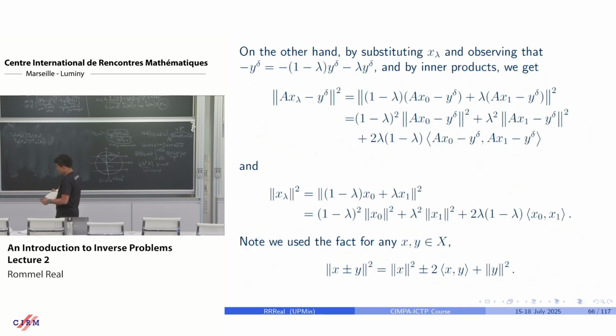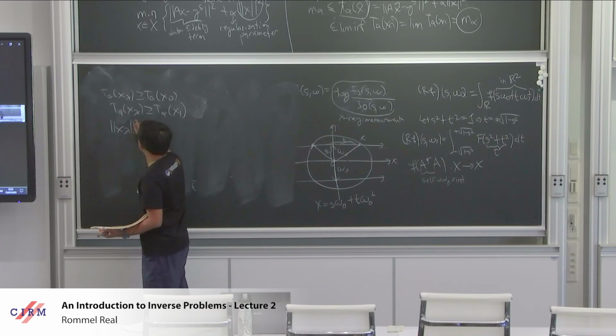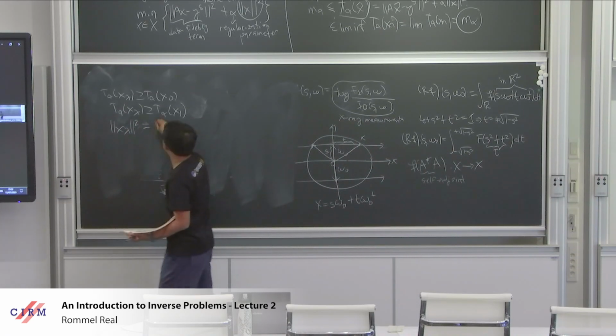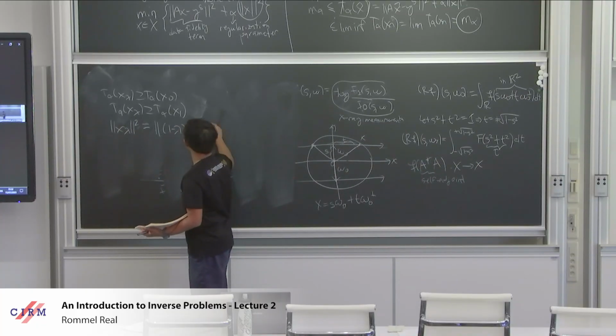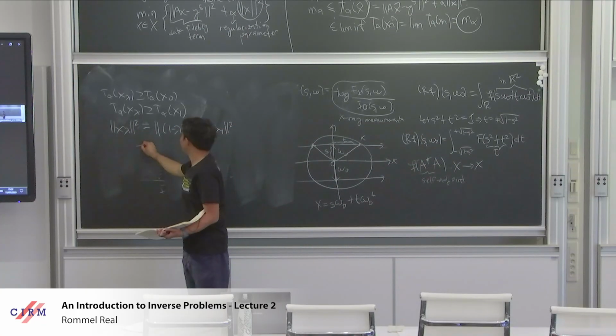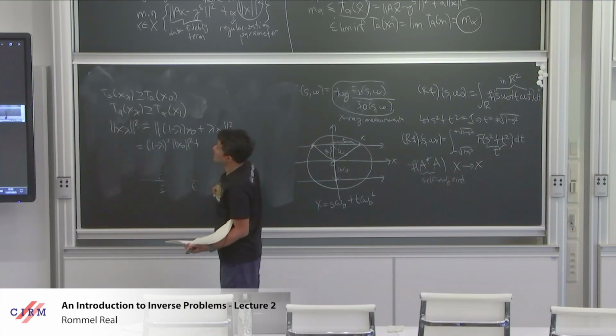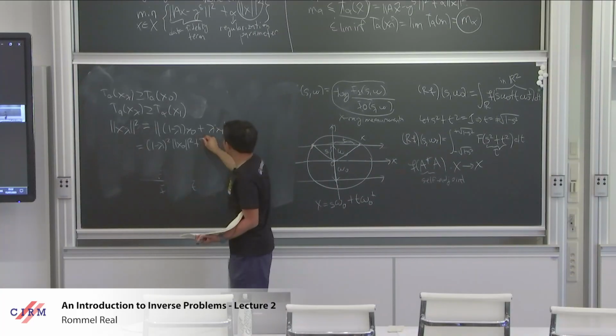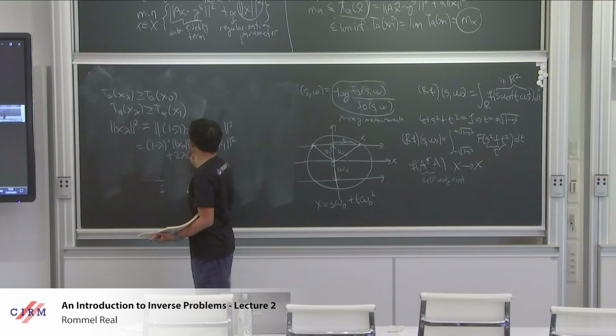The same thing if you do it with the x lambda here, square of x lambda, and then by using the definition of inner product, in case you wonder what it's that's equal to 1 minus lambda x0 plus lambda x1, and then by definition and properties of inner product, that's just 1 minus lambda square, plus it's lambda square actually, square, and then plus 2 times lambda times 1 minus lambda inner product actually.